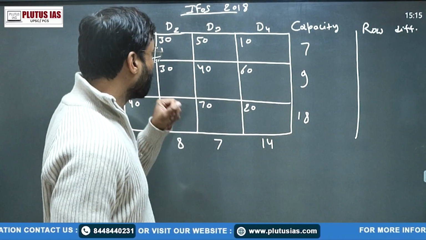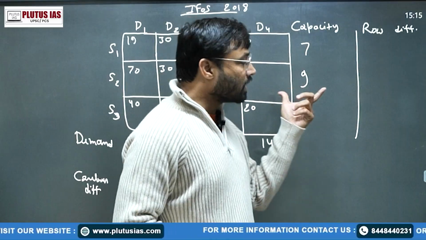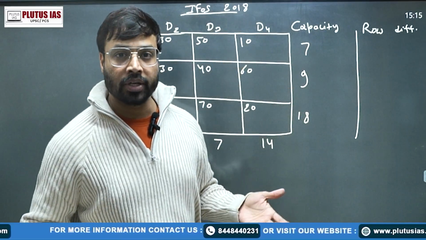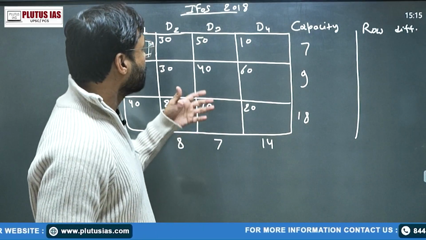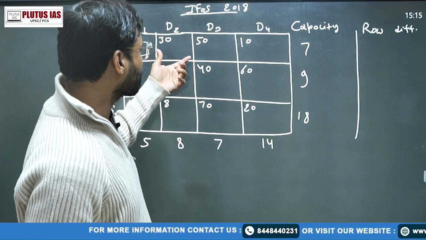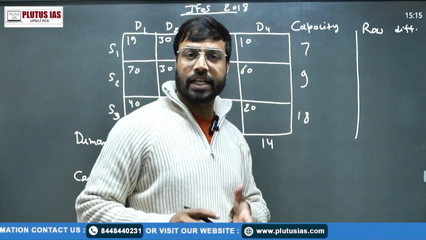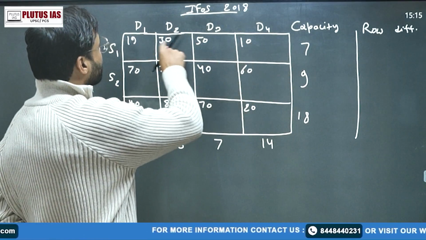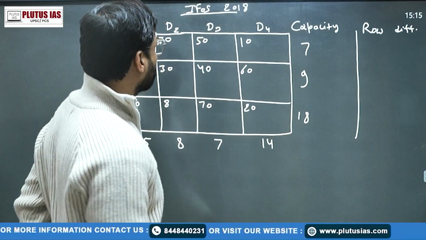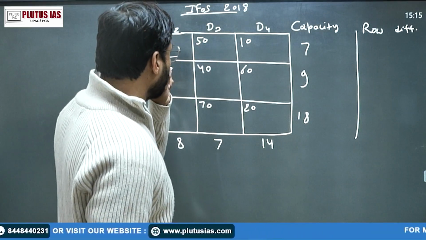So first what we do in the Vogel's method, we have already discussed about it, how to find the initial feasible solution in the VAM method. So now we'll start first, find the smallest and second smallest row wise. Means what is the smallest is the 10 and second smallest 19. What is the difference of these two?